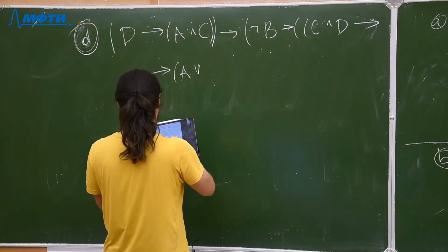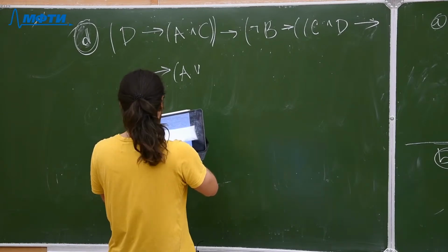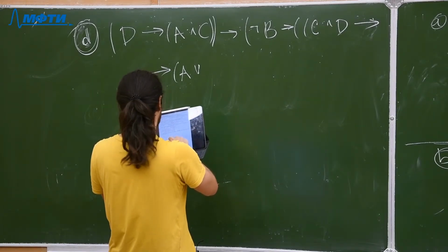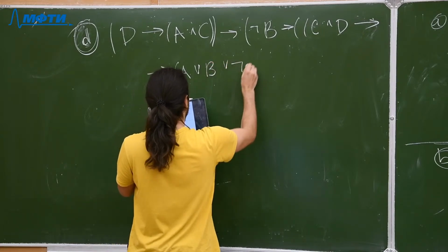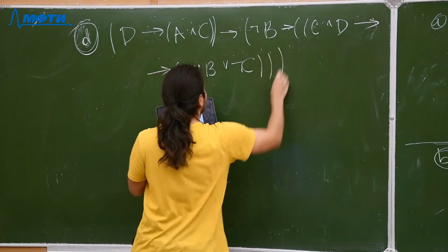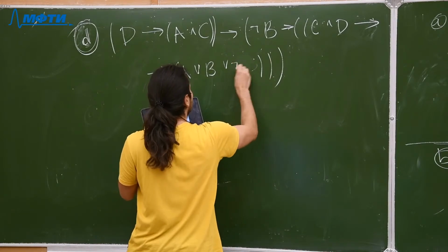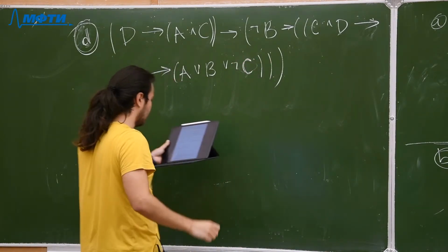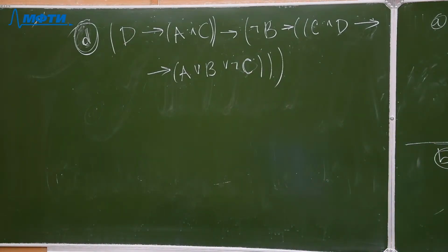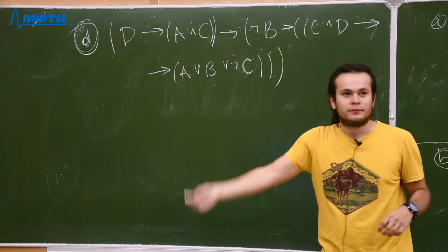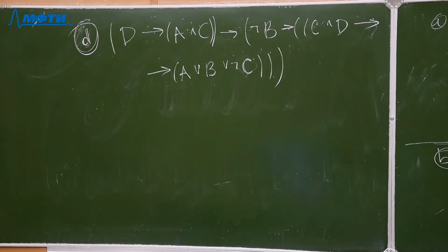where was I? So then, C, D, A, or B. Somebody?